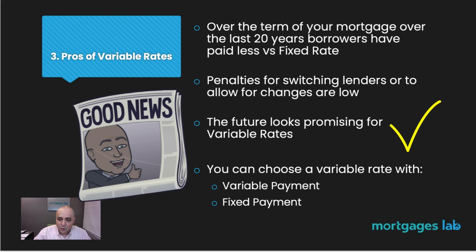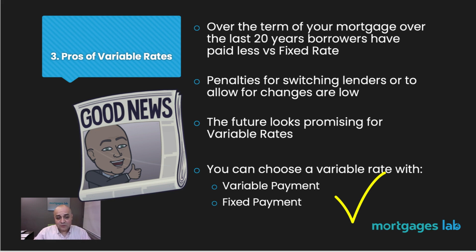And because I know about what's going on in other countries, and I know about the increasing amount of lending that there is in Canada, my humble opinion is that rates, if they go up, will come down again, and they will remain low for very, very many years or decades into the future. So in my opinion, the future looks promising long term for variable rates.